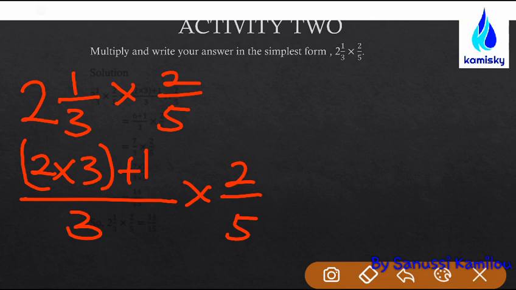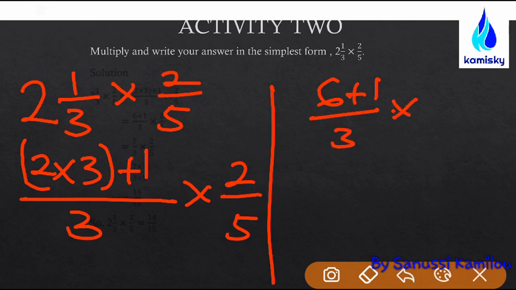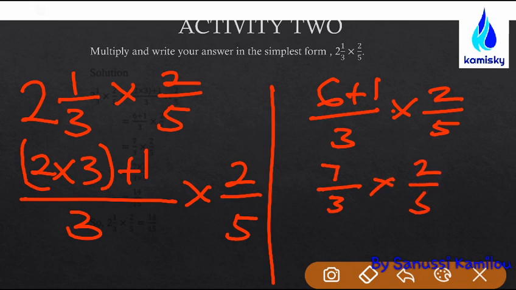So what do we get? 2 times 3 will give us 6 plus 1 is 7 over 3, times 2/5. Our fraction becomes 7/3 times 2/5.